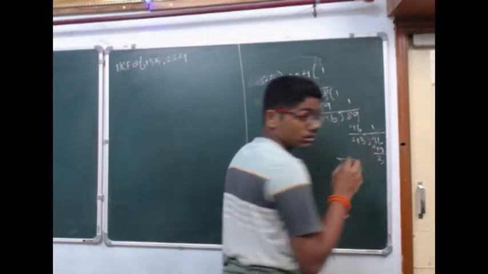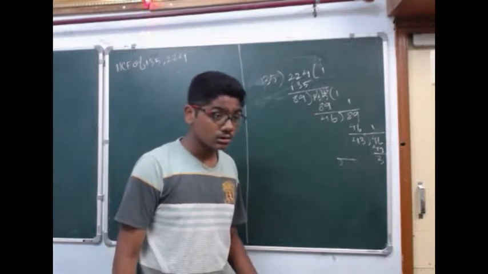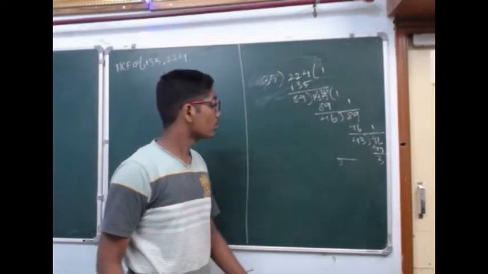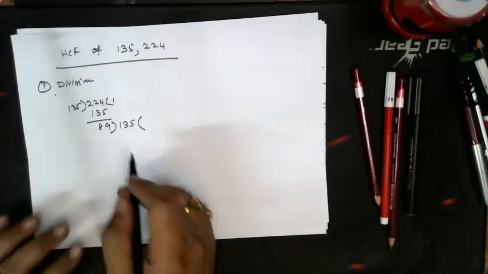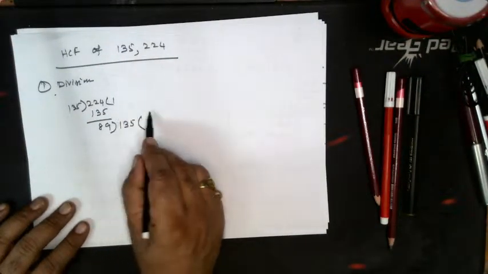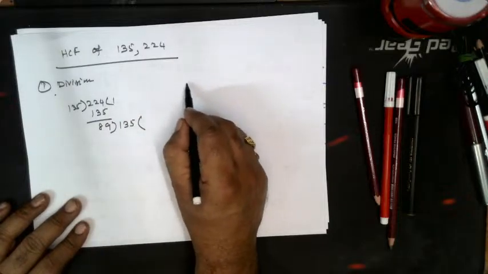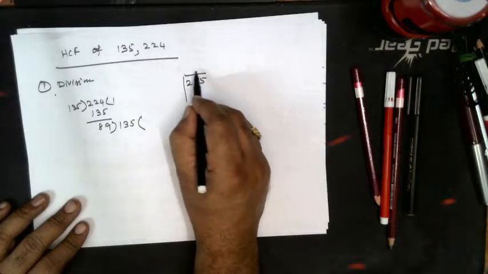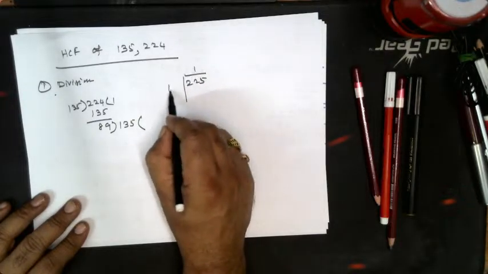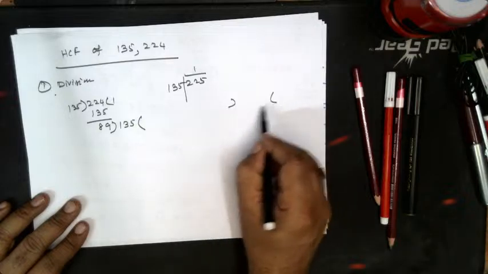Now you try this double bracket like this. Sir, you have to take the bracket like this. Don't take that. See, listen. Don't put the line. If it is a division, normally you put the quotient like this. Is it not? Yes, sir. So one time 135. But in this technique, you have to put the bracket like this.